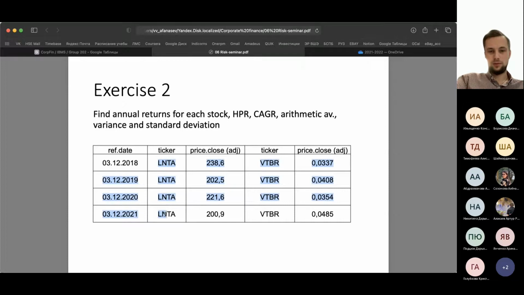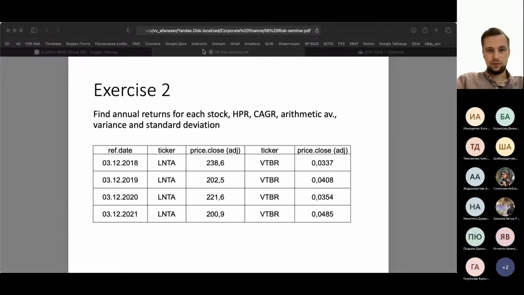One is for Lenta, the Russian retailer, and one for VTB, a Russian bank. We will have the adjusted close price for December 18, December 19, December 20, and December 21, and we have the close price for both of the stocks.